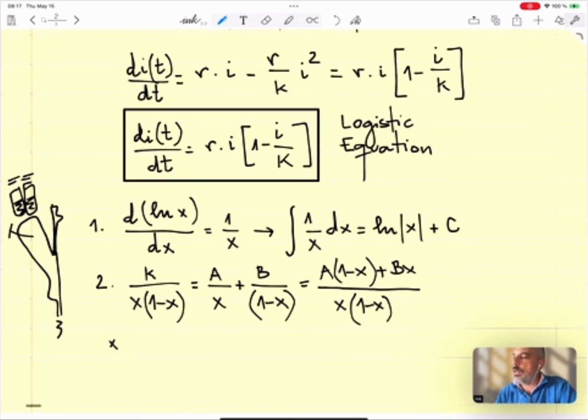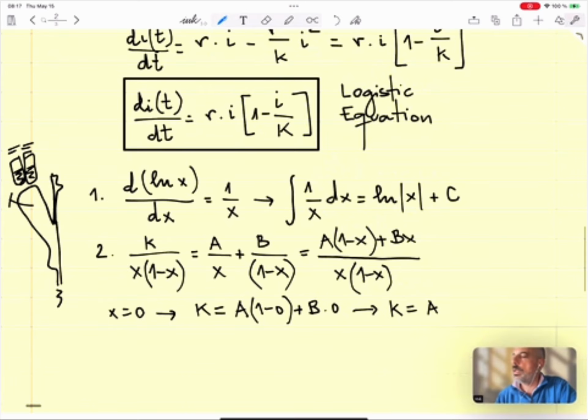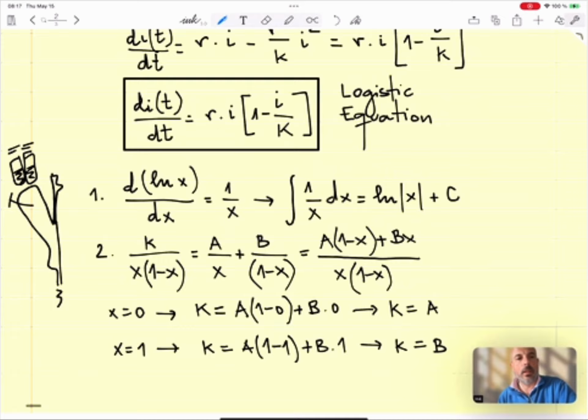If x equals 0, then k equals a times (1 minus 0) plus b times 0, so k equals a. If x equals 1, then k equals a times (1 minus 1) plus b times 1, so k equals b.